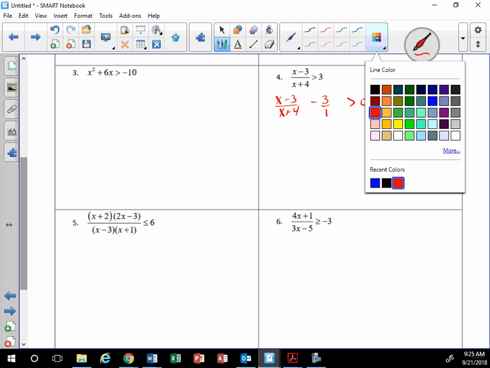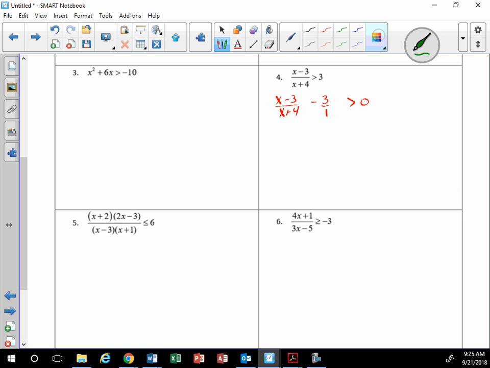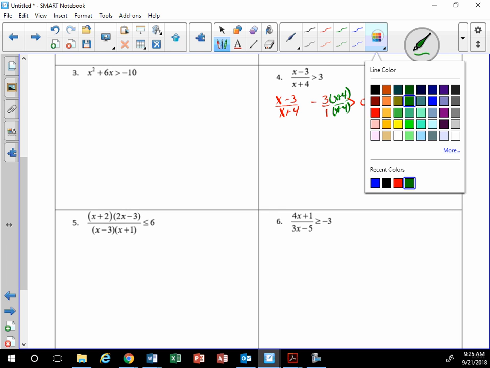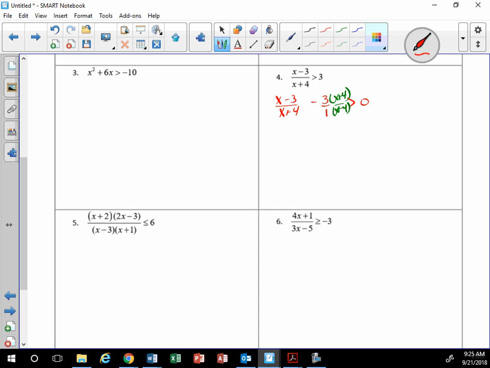I'm putting that 3 over 1. Looking for a common denominator here, right? To subtract my fraction. So I'm going to multiply by x plus 4. So my denominator is x plus 4.